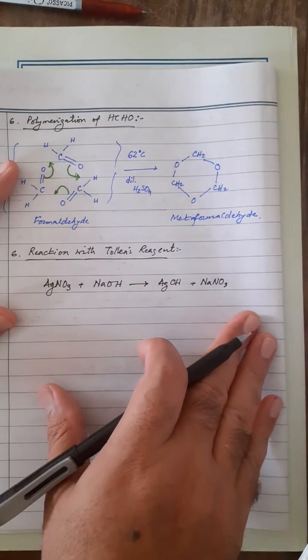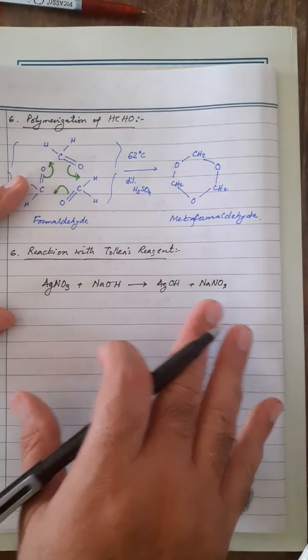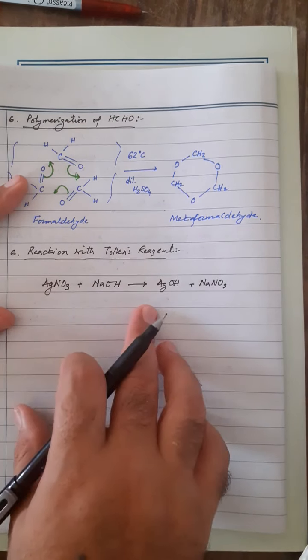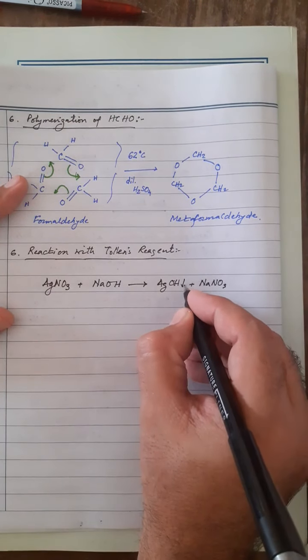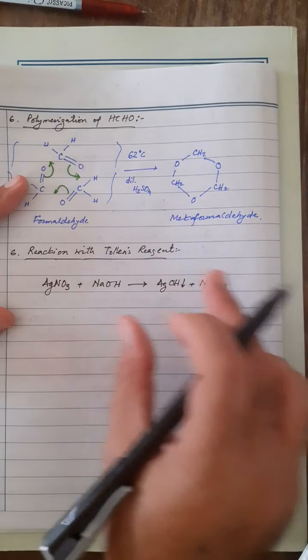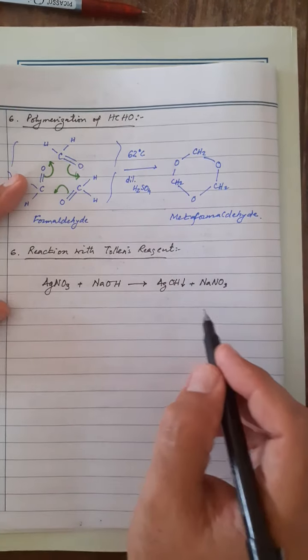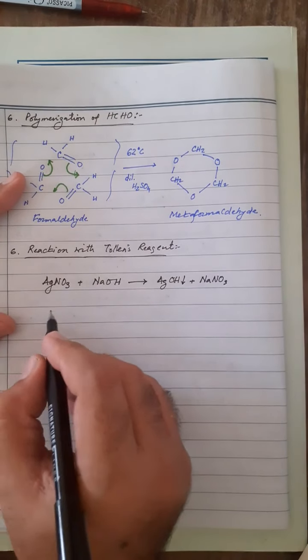Okay, this happens when you drop silver nitrate into sodium hydroxide. These are gonna make the solution turbid or dark.